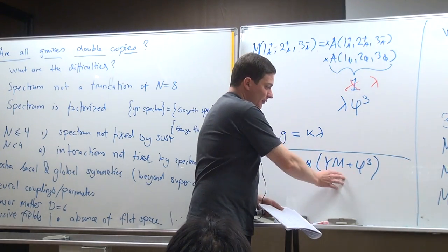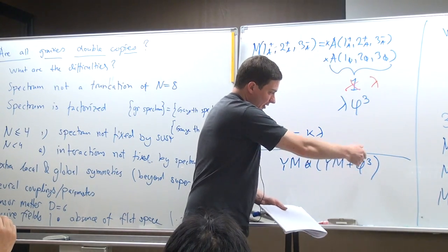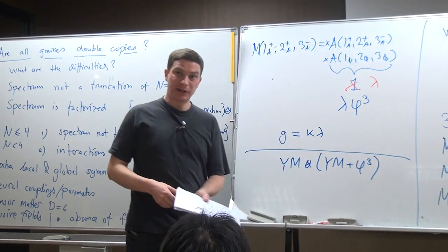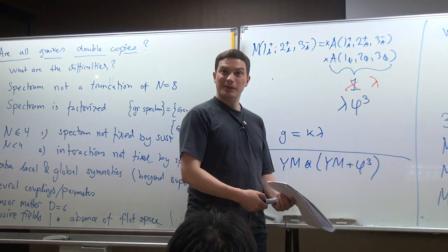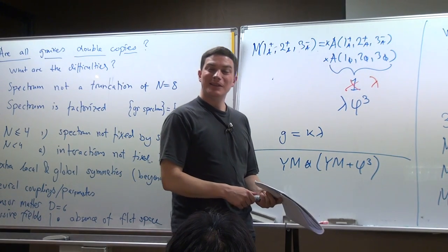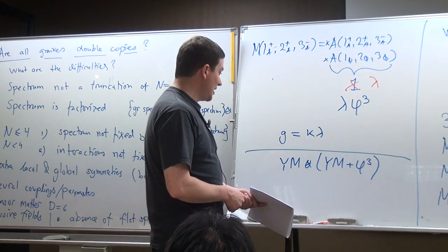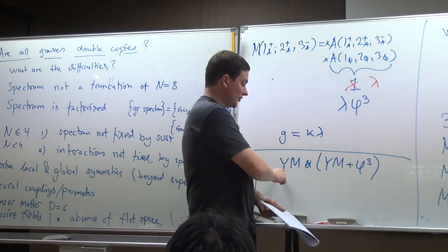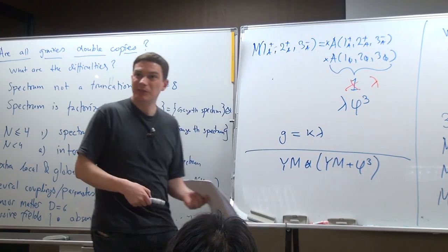Now you can modify one side in some way, and in particular adding scalars which interact with phi cubed will give you such a different theory. Maybe you're wondering why I don't put phi cubed on the other side. Is that the question? No, it could be different Yang-Mills theories. It could be n equals 0, n equals 0, n equals 2, for example. Yeah, it could be different.